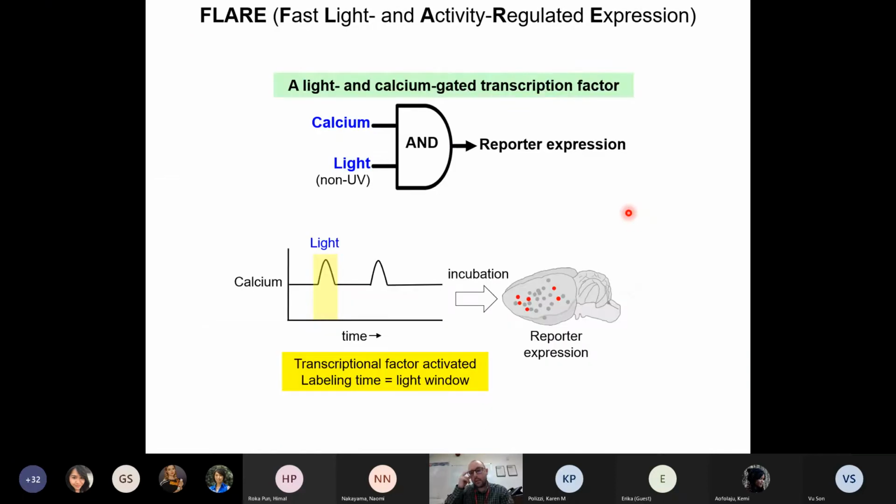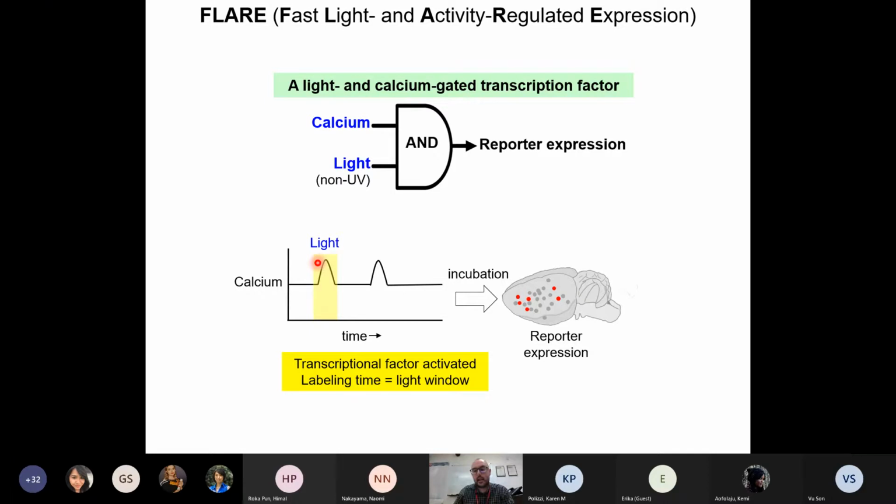So the Tian Lab in 2017 developed one tool, the acronym is FLARE, for fast light and activity regulated expression, where we have light and calcium, and reporter expression as a readout of the tool, okay? So we're going to release a transcription factor in a specific time window. So we're going to take a snapshot of the neuronal activity in a specific time window, and then we are going to replay the behavior of interest.